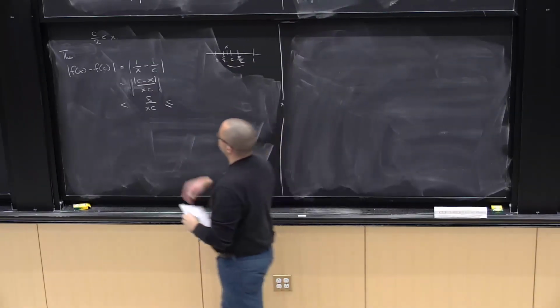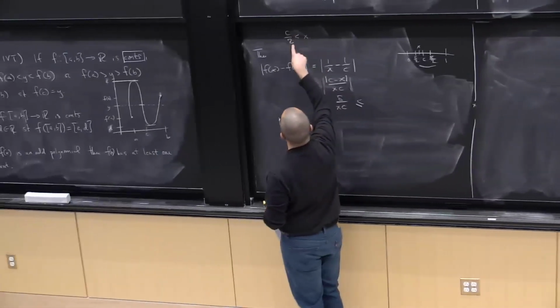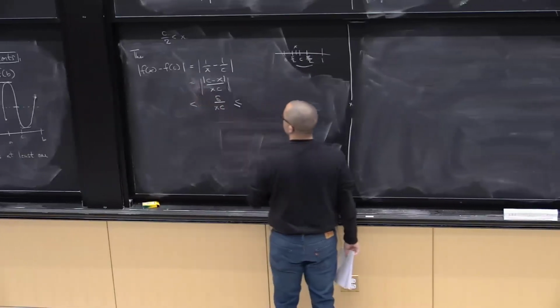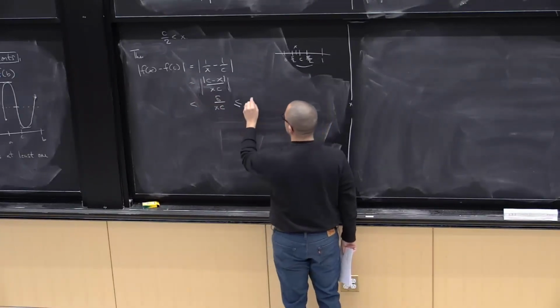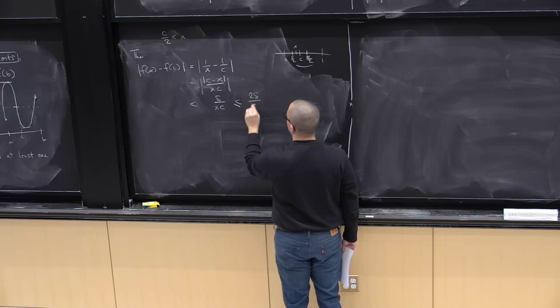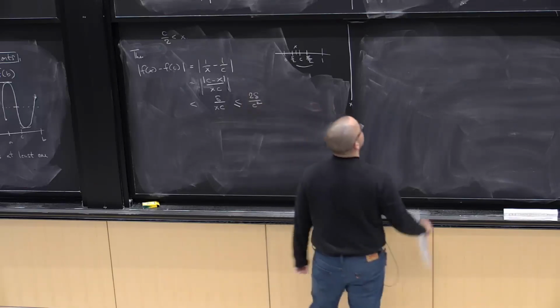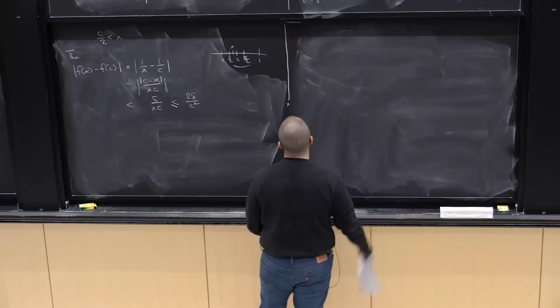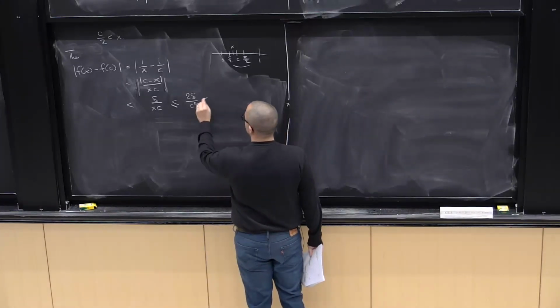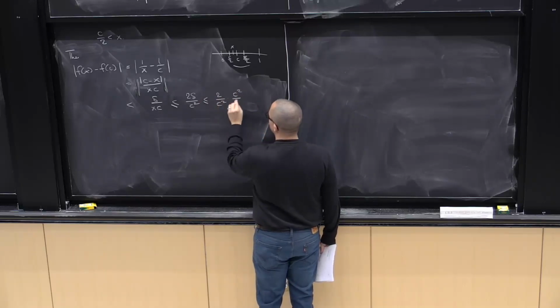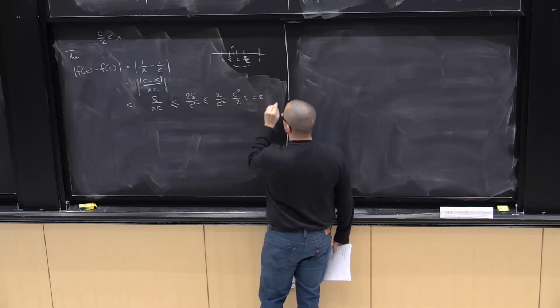And now x is bigger than c over 2. So if I take 1 over that, I get 1 over x is less than 2 over c. So this is less than or equal to 2 delta over c squared. And delta is the minimum of c over 2 and c squared over 2 times epsilon. So this is less than or equal to 2 over c squared times c squared over 2 epsilon, which equals epsilon.